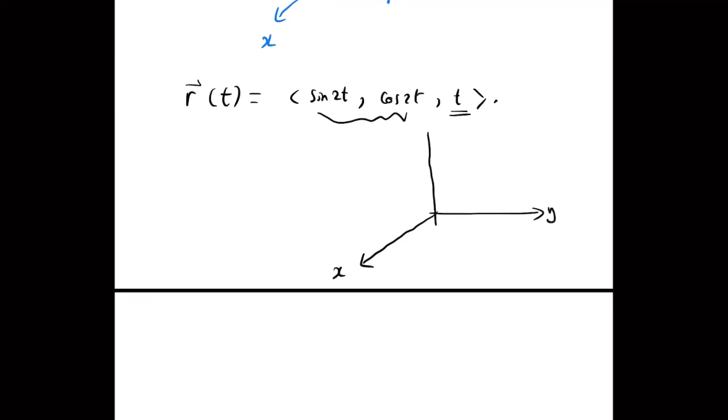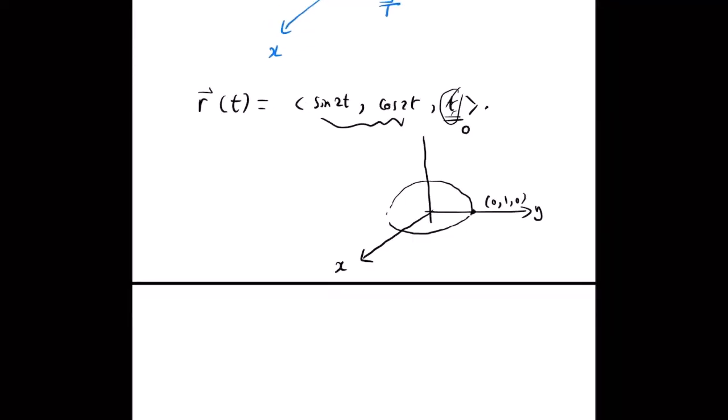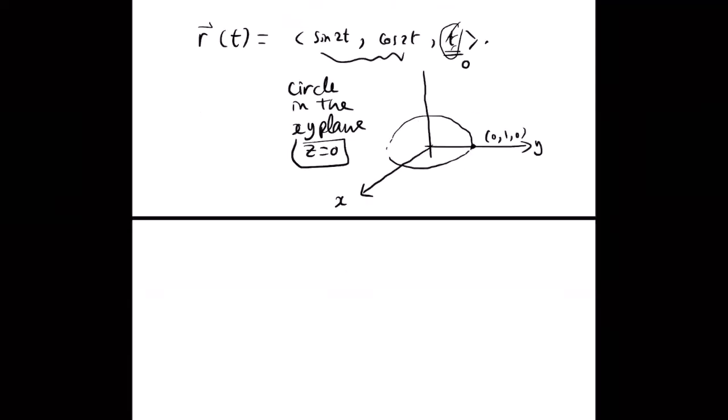When t is 0, you get 0, and cosine 0 is 1. It would be like a circle in the xy plane. If t is 0, it gives you a circle in the xy plane. It is in the xy plane because as t moves, z appears.